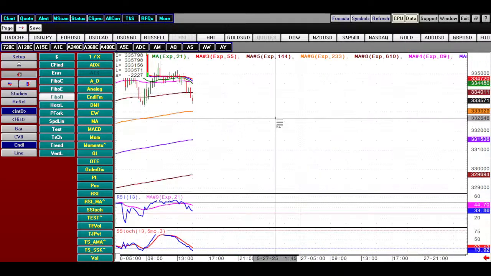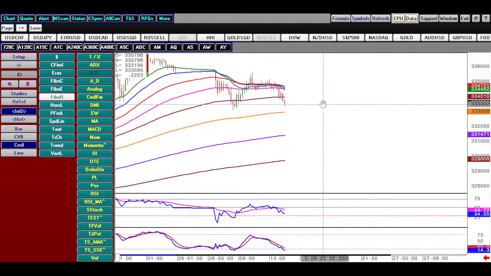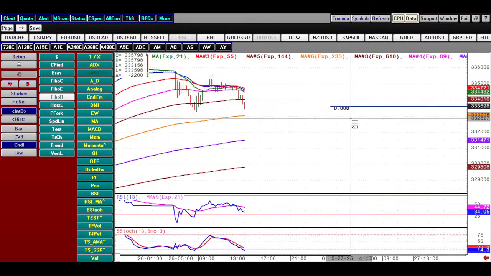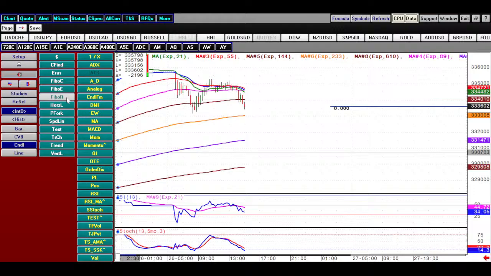Now we have to see our entry. When we look into the entry, we can go on a staggered basis. We go on 0.2 selling, and this trade is going to be for the next 2 hours.